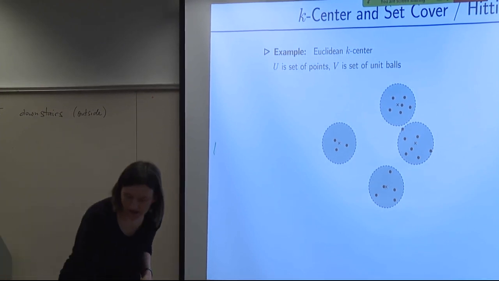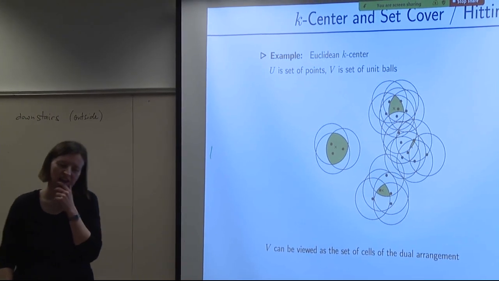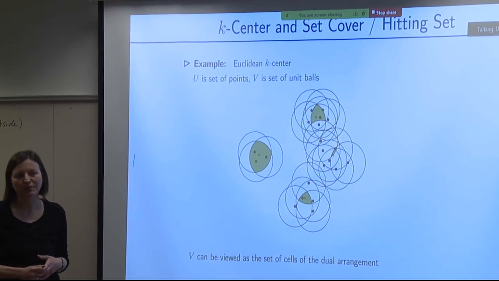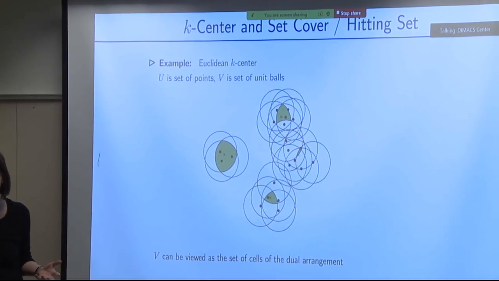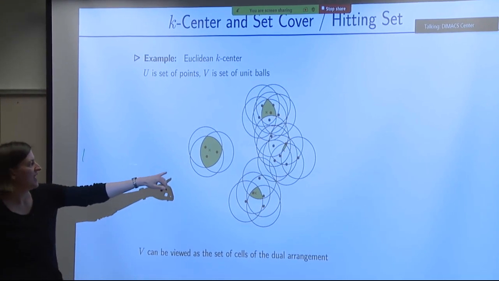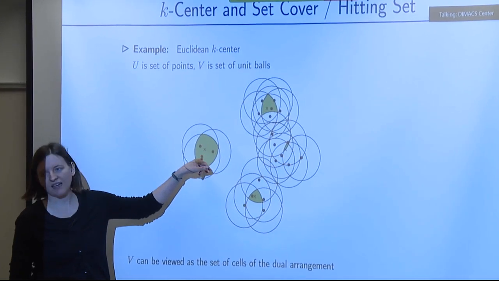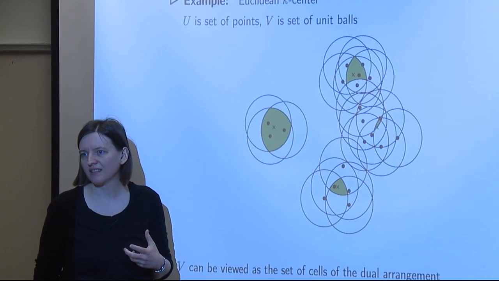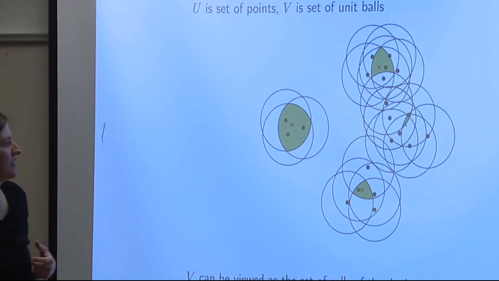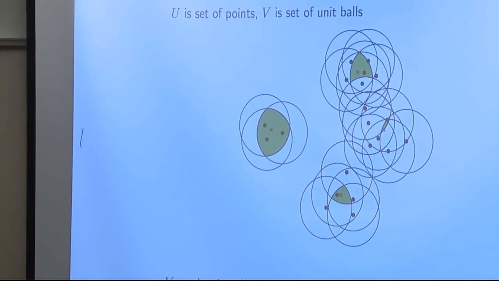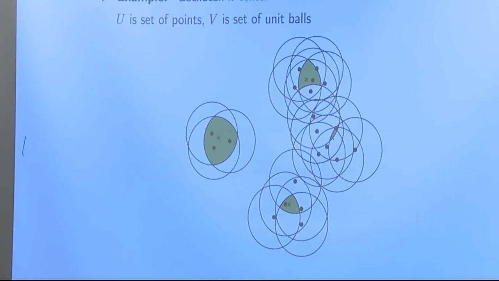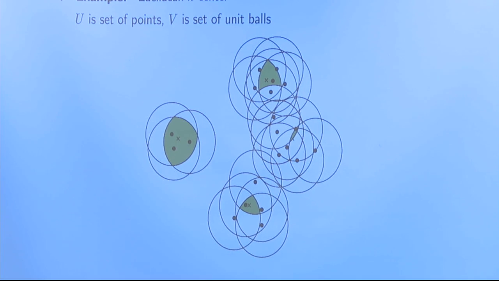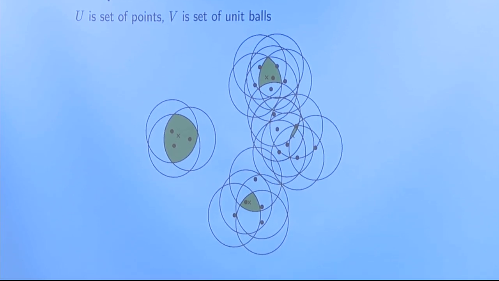But if I look at the dual, and I look at the arrangement of balls centered at my input, then I get a discrete problem, because in every cell, if I place a center in a cell, no matter where in the cell, it will cover exactly the same subset. So that gives me a discrete set of candidates that I potentially would have to look at, but not more.